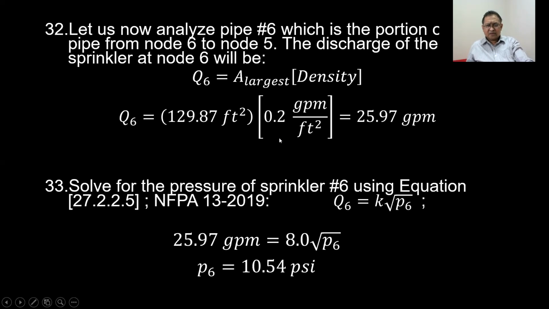So from this, we solve the sprinkler pressure. So K times the square root of P sub 6 will be equal to Q sub 6. So we have the value of Q sub 6 here, 25.97, 8, and then we can solve the value of P sub 6 will be equal to 10.54 pounds per square inch.